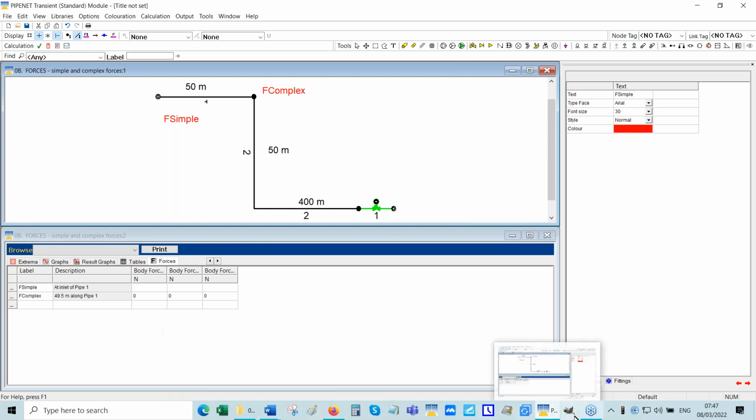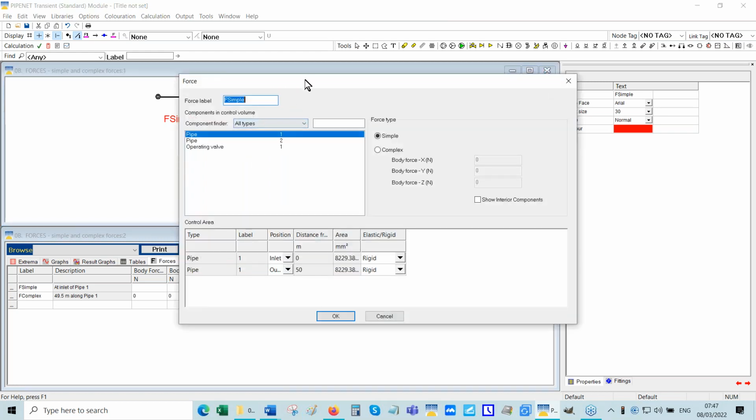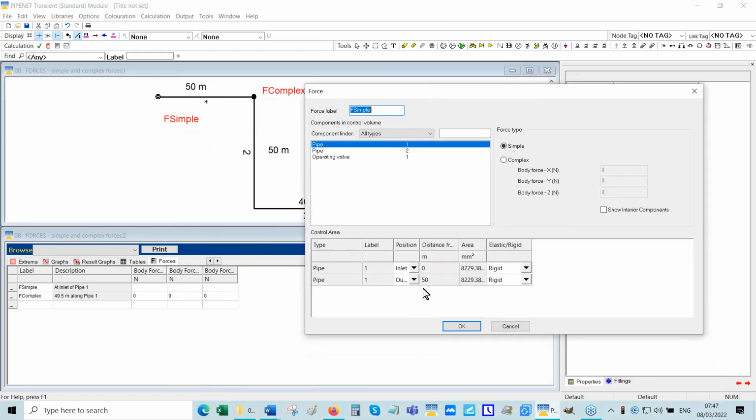So let's go back to forces. See, the simple force is between the inlet and the outlet of the pipe.